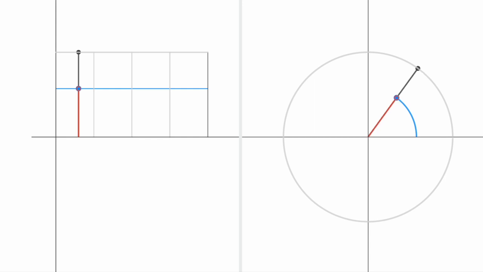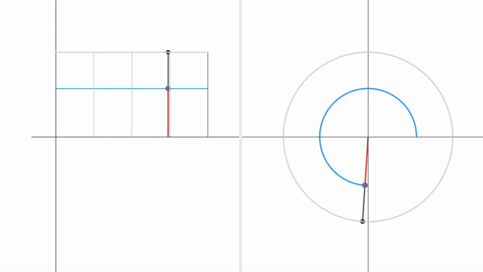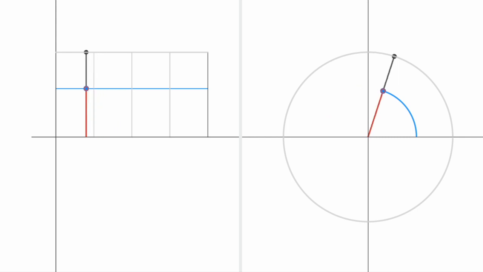But so the red bar on the left, you see it always stays the same height, so we get a flat line, similar to y equal 2 or something. But on the right, as we pull it around, it does trace a perfect circle because the radius is always staying the same amount. Okay, that's not too interesting. I'm just trying to get you used to how the graphing setup works here.